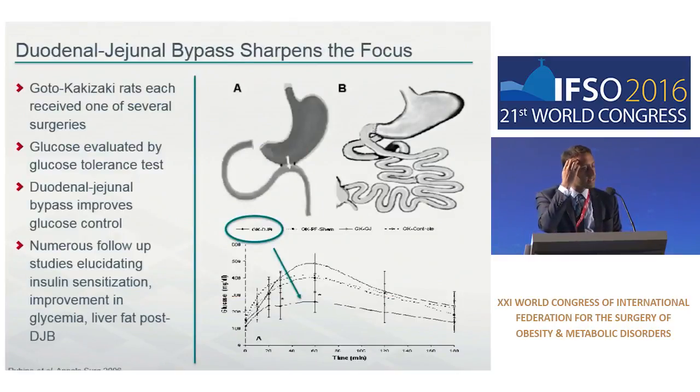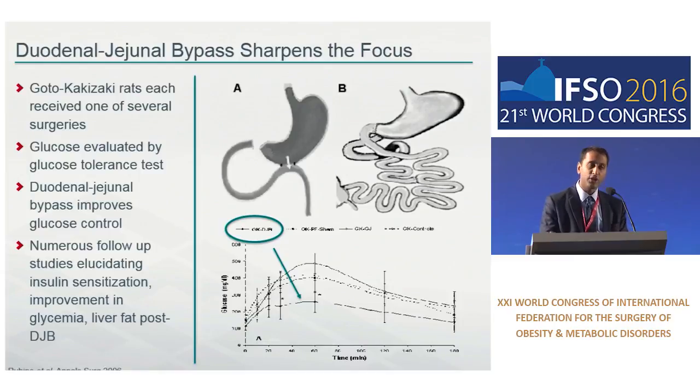What are we bypassing? So again, naively, I ran into the research of Drs. Francesco Rubino and David Cummings, and that was my first observation, this Annals of Surgery paper from 2006, showing that just the exclusion of the duodenum alone seems to have an improvement in glycemia, and that this improvement seems to be weight independent in these animal experiments.